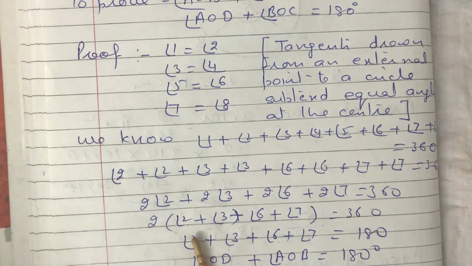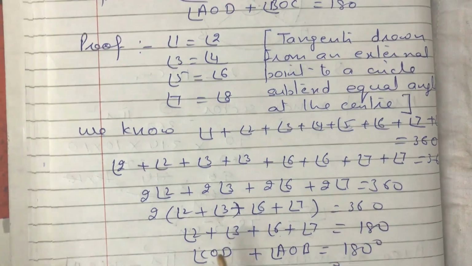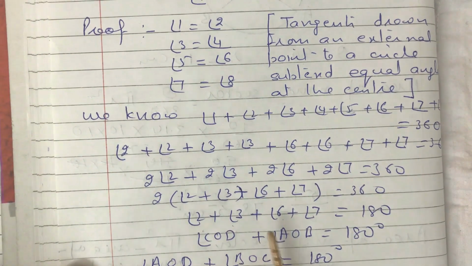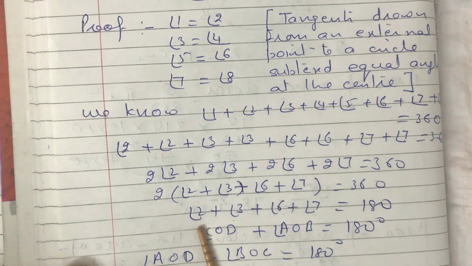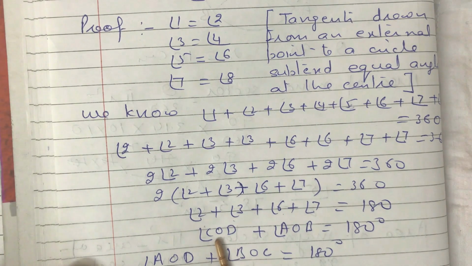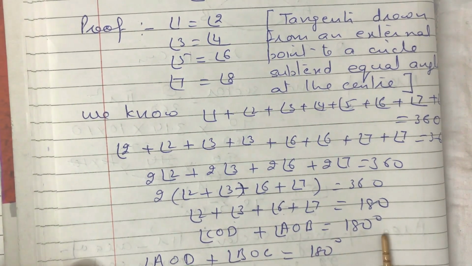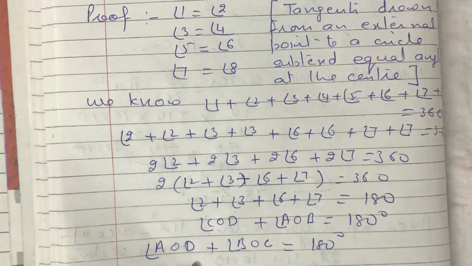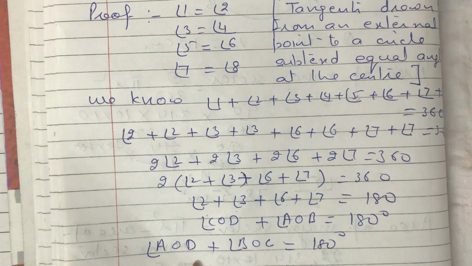Take 2 common: angle 2 plus angle 3 plus angle 6 plus angle 7 is equal to 180 degree. So instead of angle 2 plus 3, you can write angle COD plus angle AOB, that is 180 degree. Similarly, I can prove angle AOD plus angle BOC is 180 degree. So that is the proof of this statement.